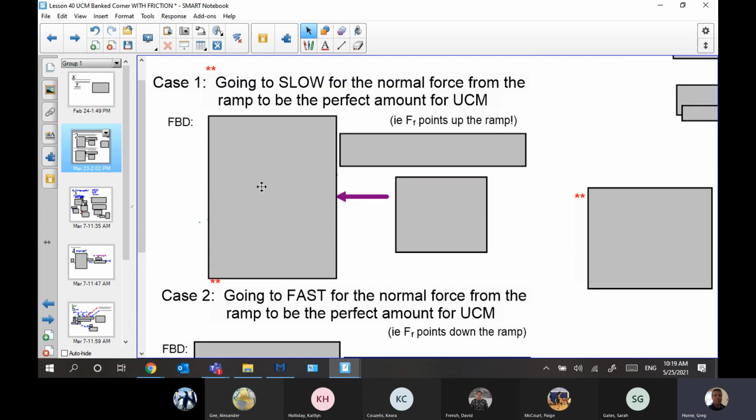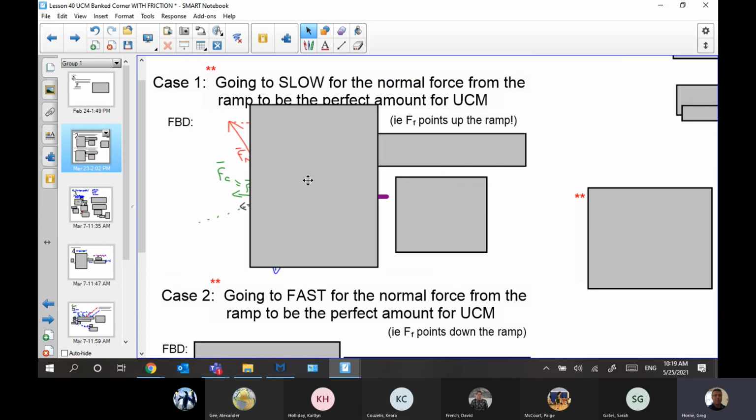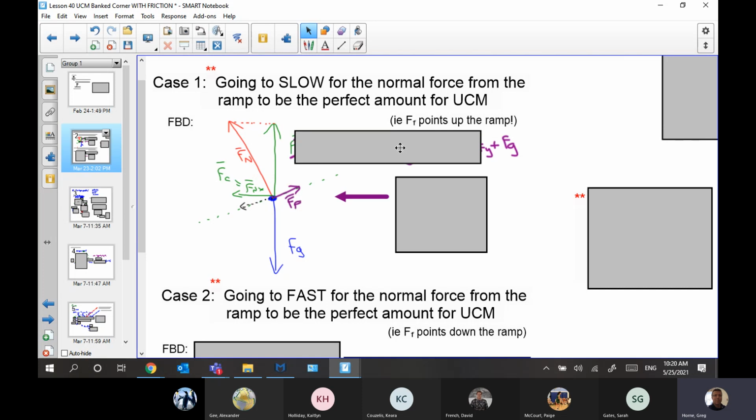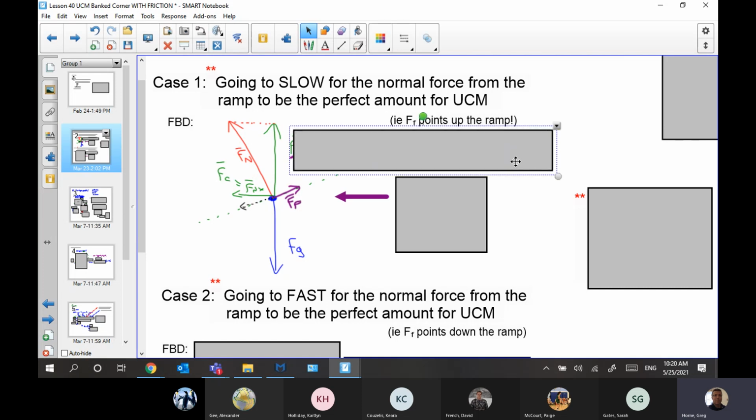Okay, so that makes our free body diagrams a little different. Let's just look at this part, and don't worry about any of this for now. We have fairly normal stuff in our thought process here. We've got this banked corner, so that's the angle of the ramp that we're driving around and around on, like a circular track, or just a portion of a circular track, like a corner of a banked highway on or off ramp or whatever.